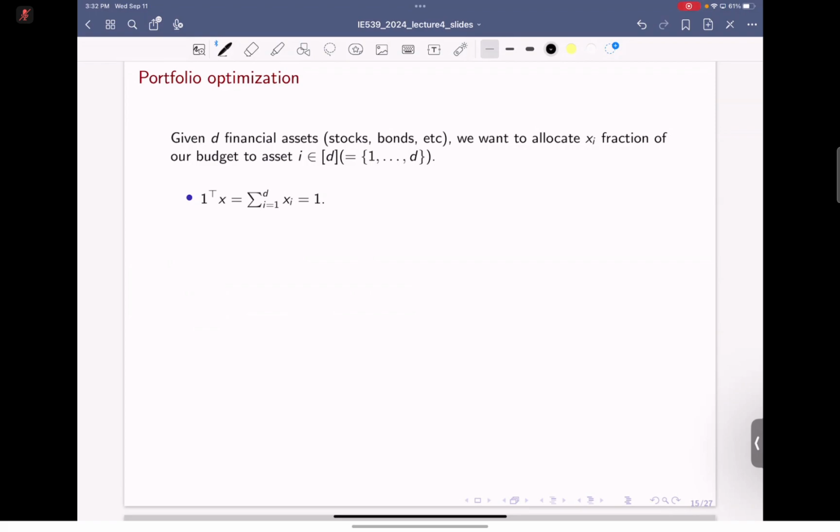Let's say I have different financial products, including stocks, bonds, and bank accounts, anything. And here, what I want to solve is this allocation problem of my budget. I have my budget, and my entire budget is 1, because I'm talking about proportions and fractions. And I want to determine, okay.